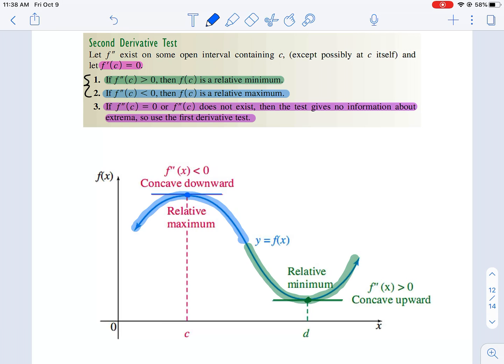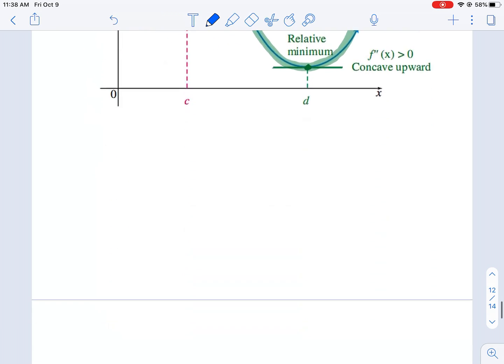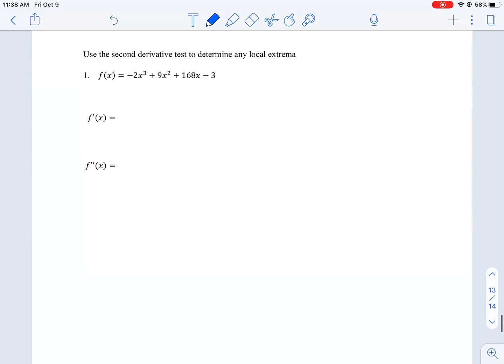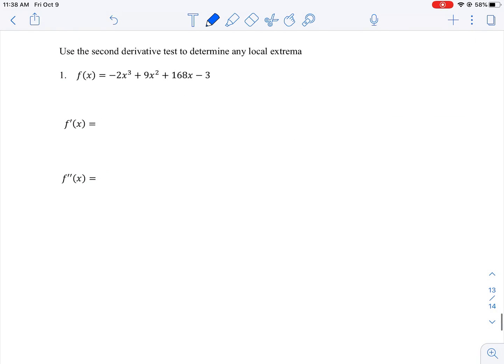So how does the second derivative test apply to a polynomial function? Okay, so we want to apply the second derivative test to this polynomial function right here. The first thing we're going to want to do is take the first derivative. So the first derivative is negative 6x squared plus 18x plus 168.